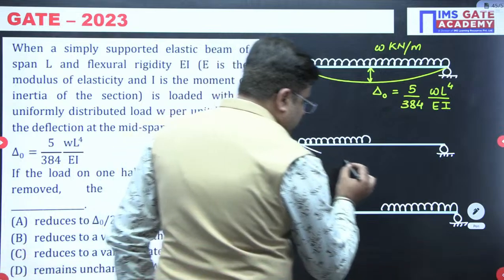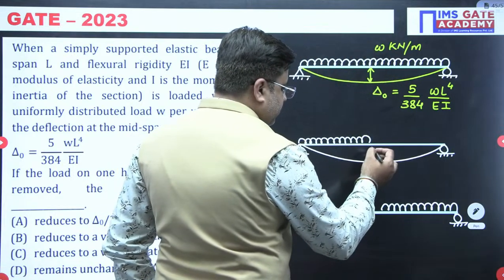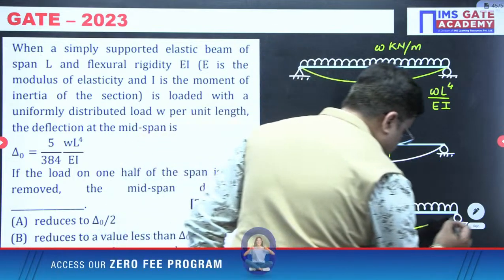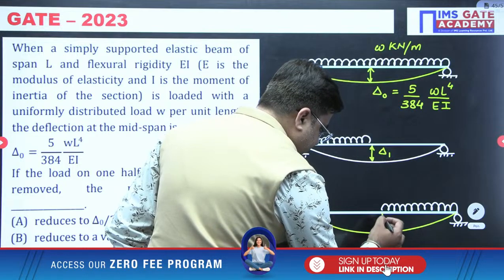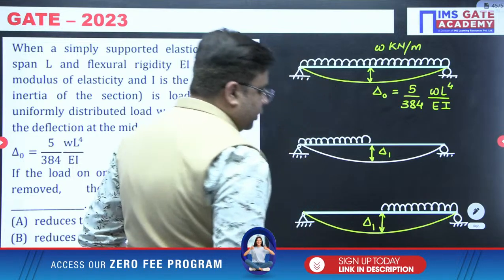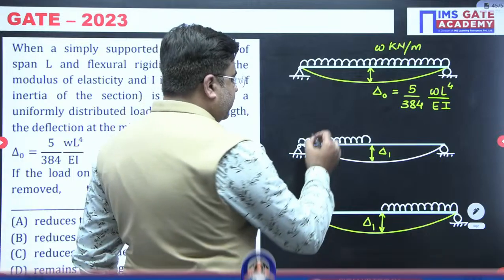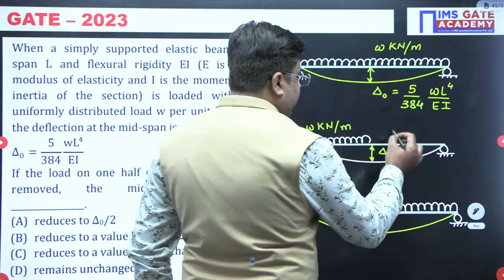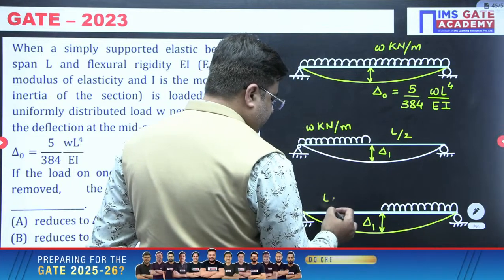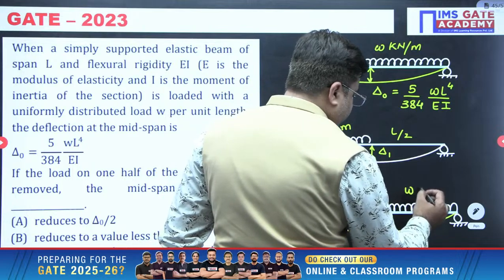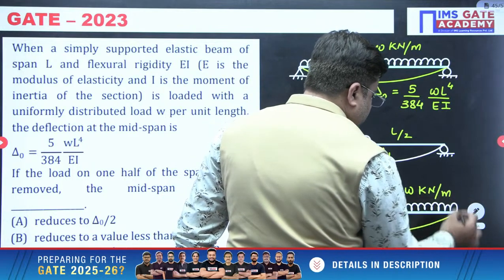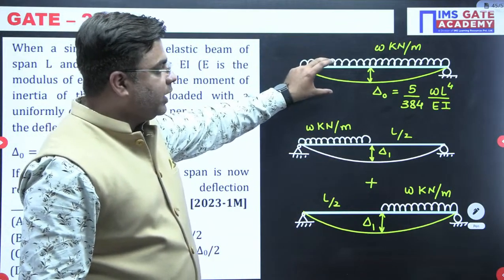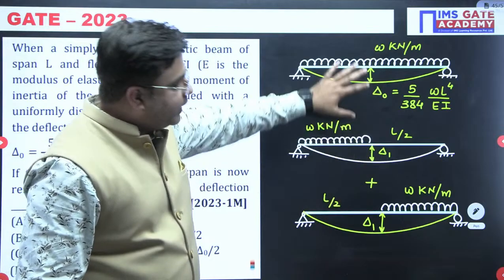Means you can see this is the deflection delta 1 and this is the deflection, again this will be delta 1, because both these loads are acting on a length of L by 2. This is W kilonewton per meter and it is acting over a length of L by 2. This is L by 2 and this is W kilonewton per meter. So when you just add these two effects, right, you are going to get this total effect. Sum of these two effects is this total effect.